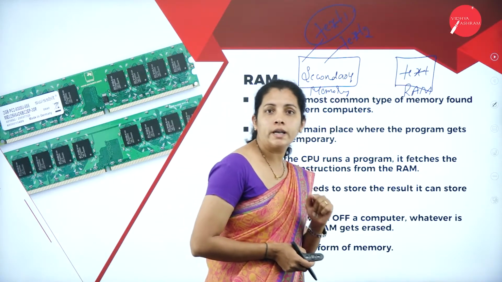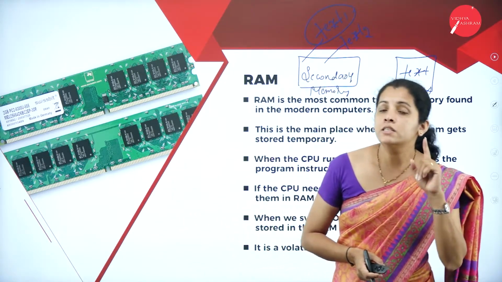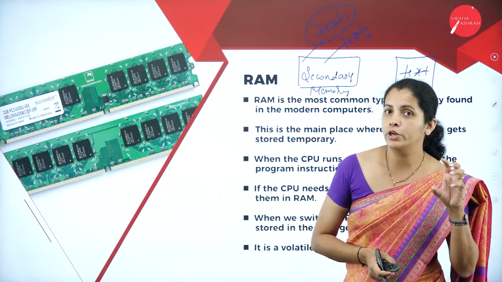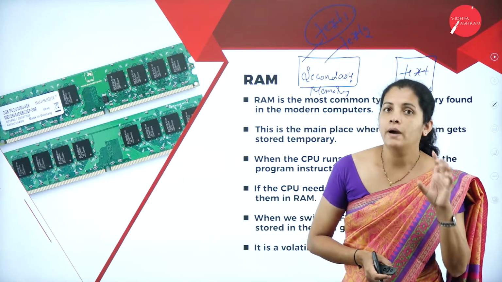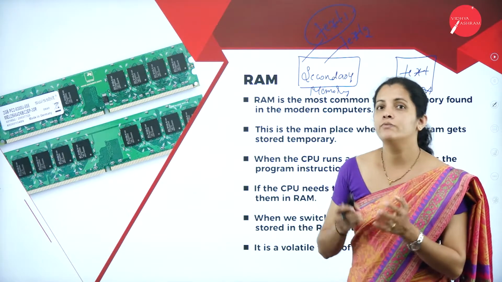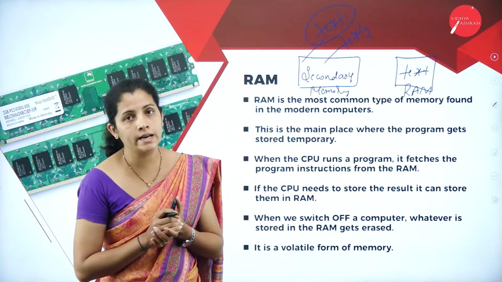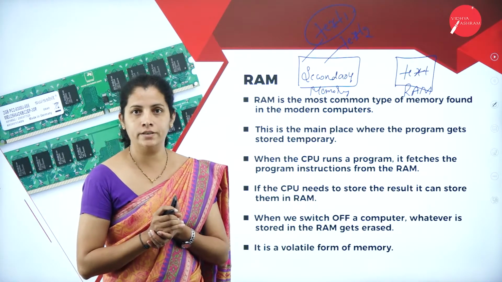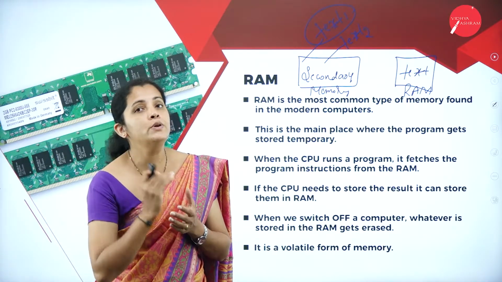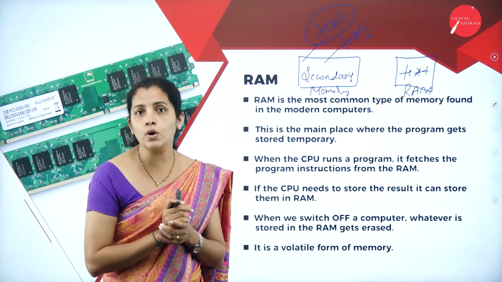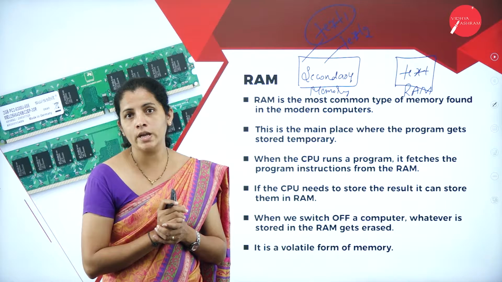That means whatever data the CPU wants to execute must be brought into the random access memory. We know that all the data are stored inside the secondary storage device, so the CPU cannot directly access the data stored on the secondary storage device.